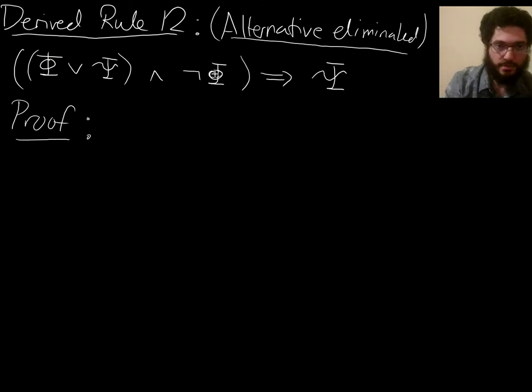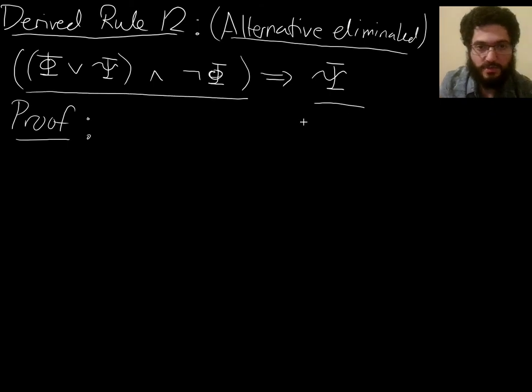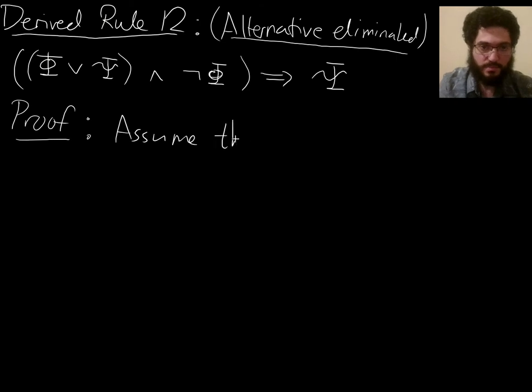All right, so to prove this, what am I trying to prove? An implication. So I must assume the hypothesis and then prove the conclusion. So assume that phi or psi and that not phi.